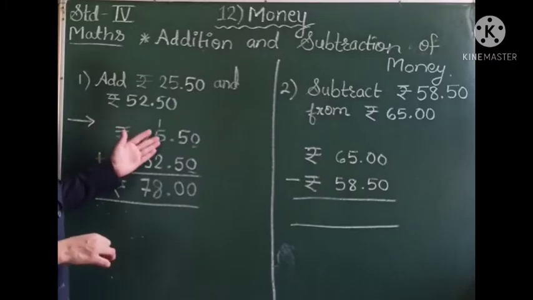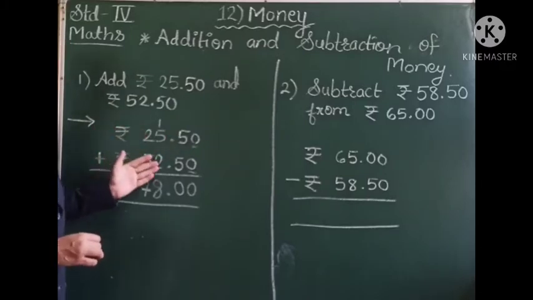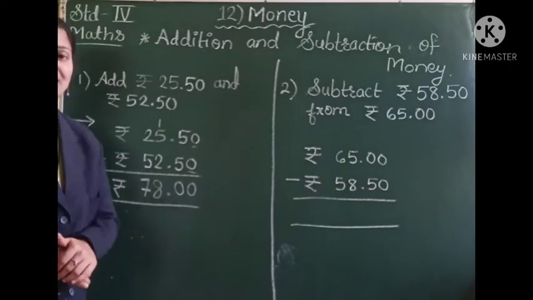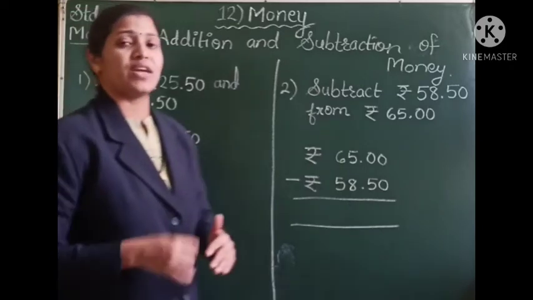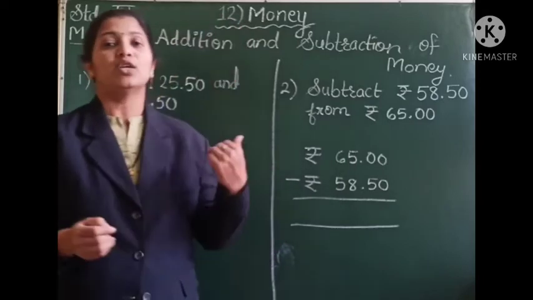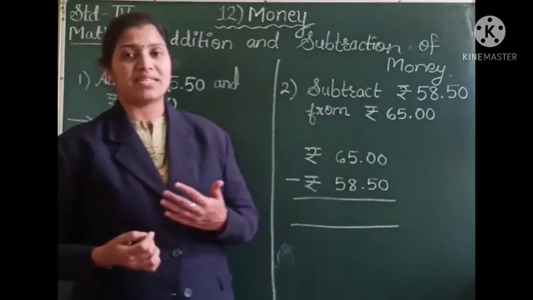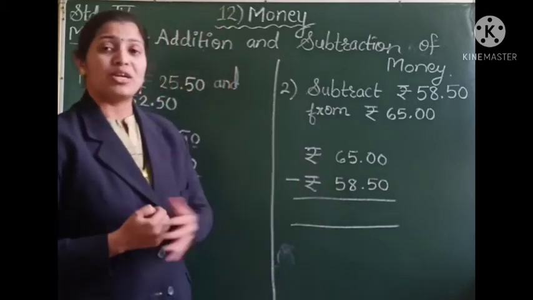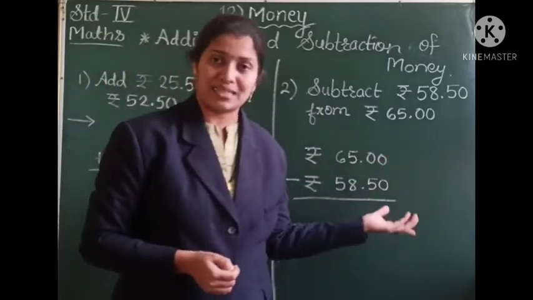So when we add 25 rupees 50 paise and 52 rupees 50 paise, we get the answer rupees 78. So students, this is the way you have to add rupees and paise to other rupees and paise. Now one more example we will see, which is about subtraction.